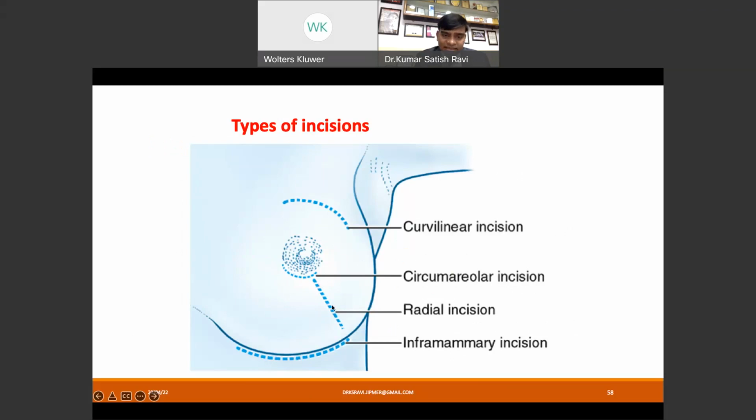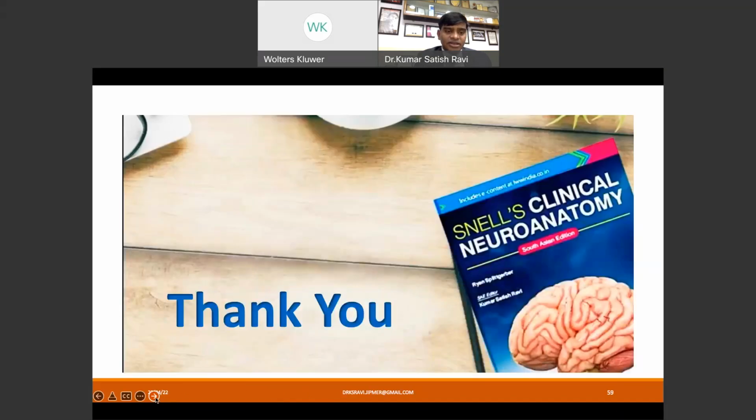This is the radial incision, which is often preferred when we need to drain an abscess, to avoid injury to the ducts. Another incision, below the mammary gland, we call the inframammary incision. So there are different types of incisions.